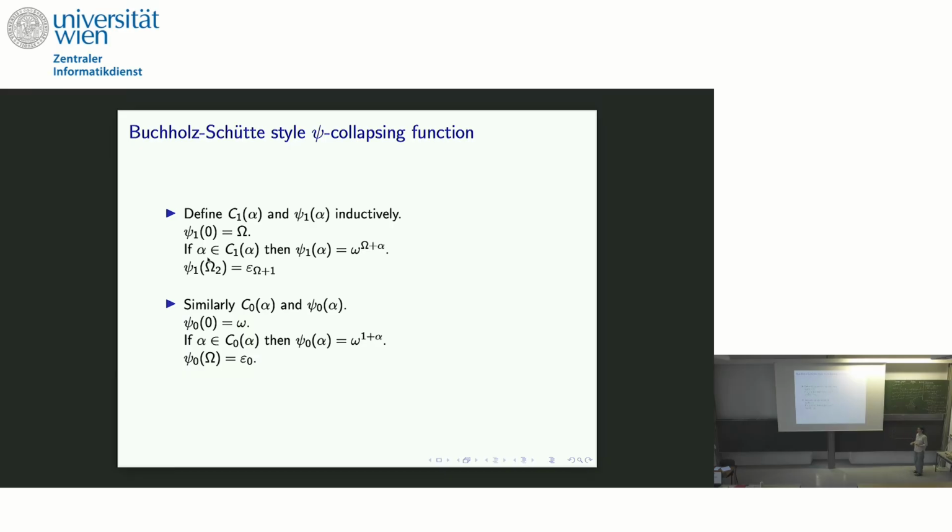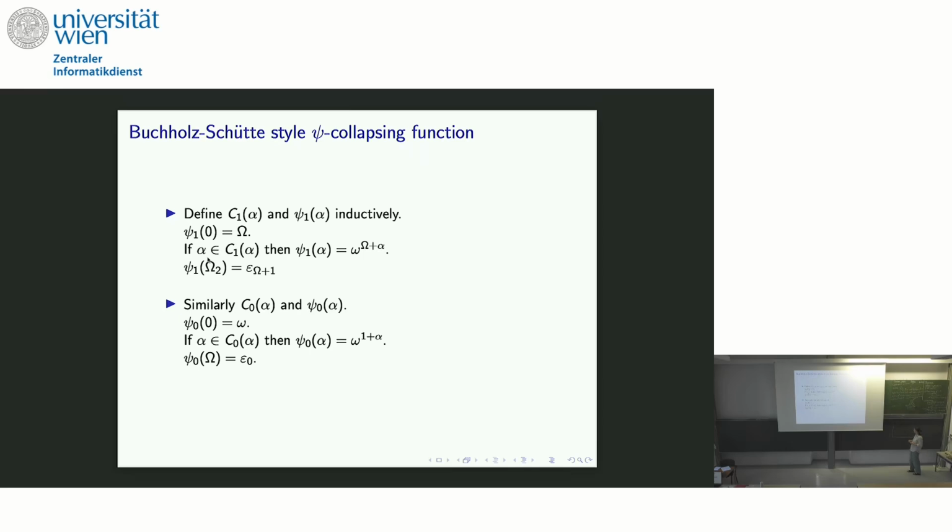Also, using the psi function, there are different ways, depending on how fast you want. The one that I'm building here is the one that we used, and it's not the original one from Buchholz and Schütte, but it's the one that worked for our purposes.